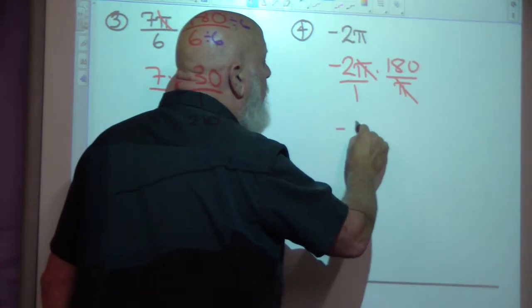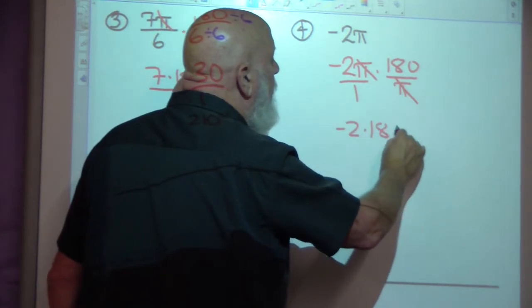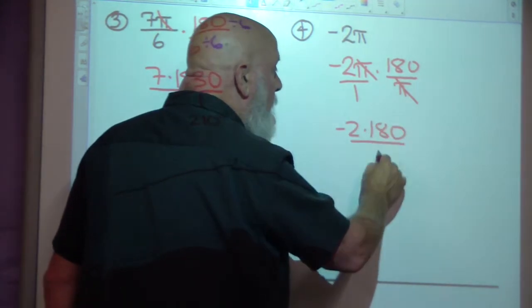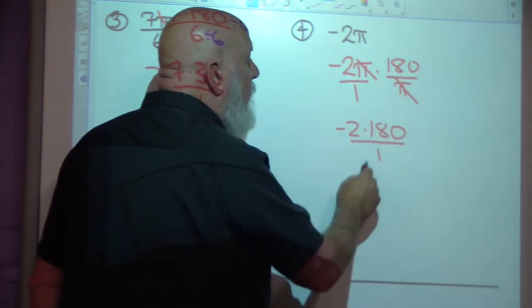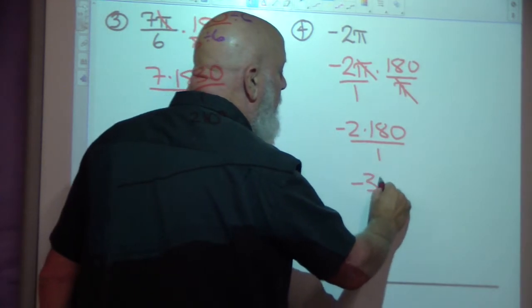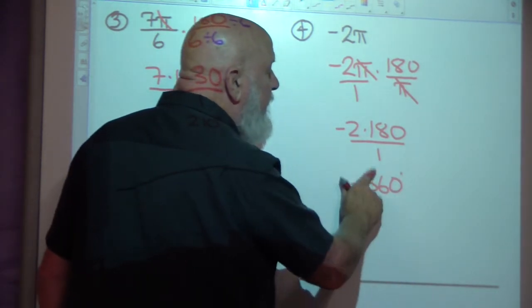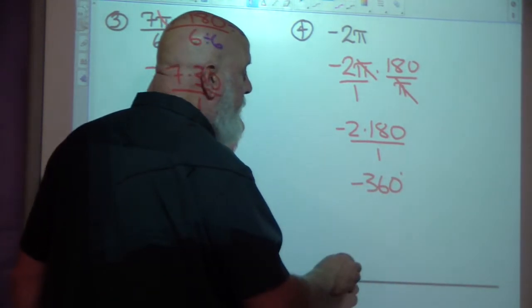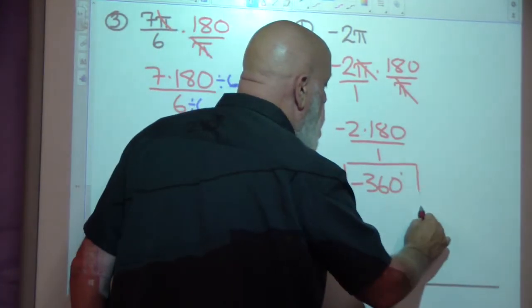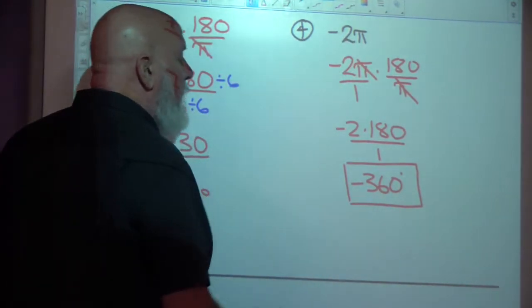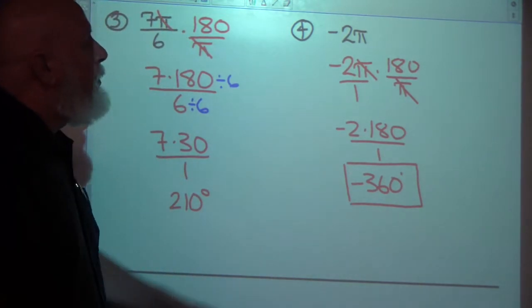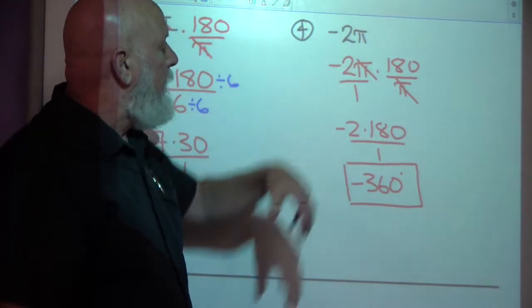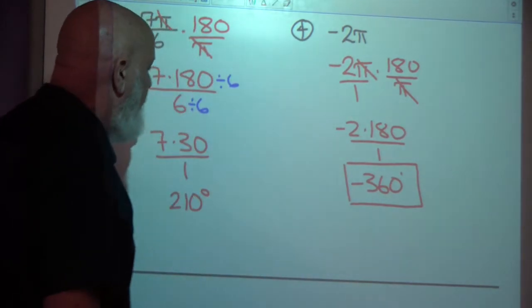That'll leave me with negative 2 times 180 over 1. Both of those canceled, turned into 1s. So negative 2 times 180 is negative 360. 360 over 1 is 360. So negative 2 pi is negative 360 degrees. So there are negative 2 pi radians in negative 360 degrees.